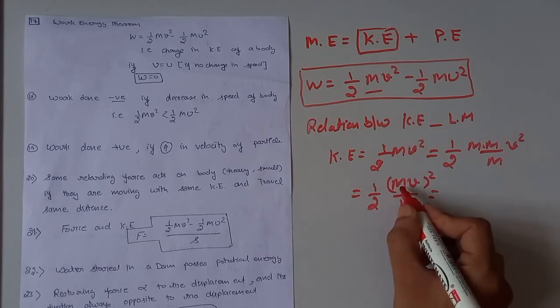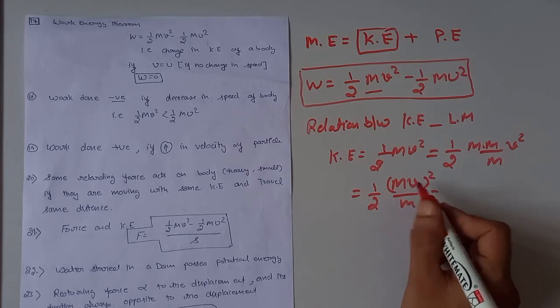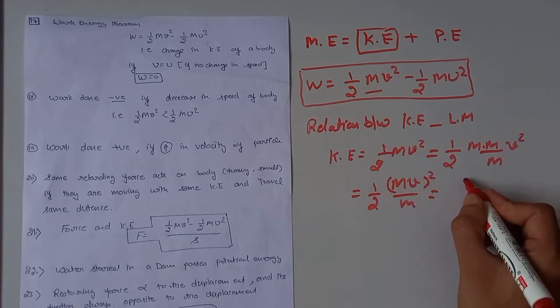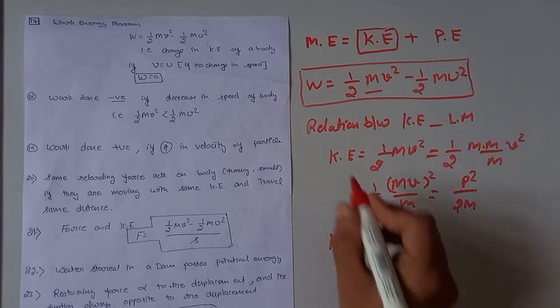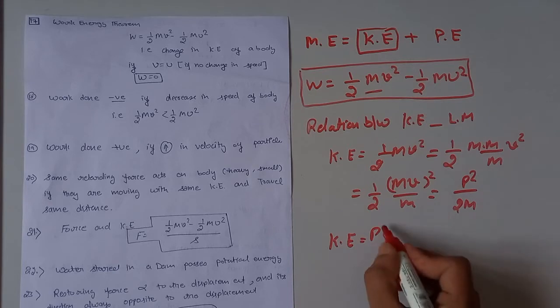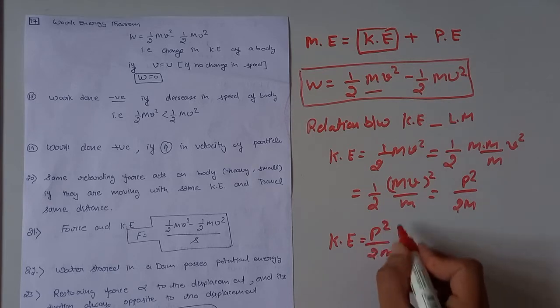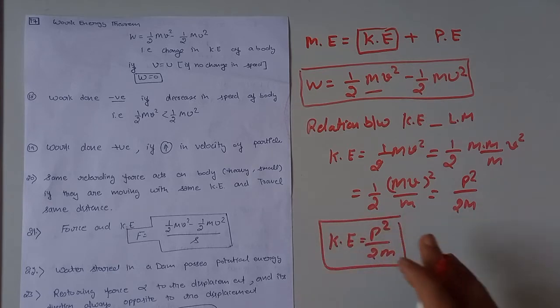We know linear momentum is the product of mass and velocity, which implies p square divided by 2m. So the relation between kinetic energy and linear momentum is p square divided by 2m. This is a very important relation.